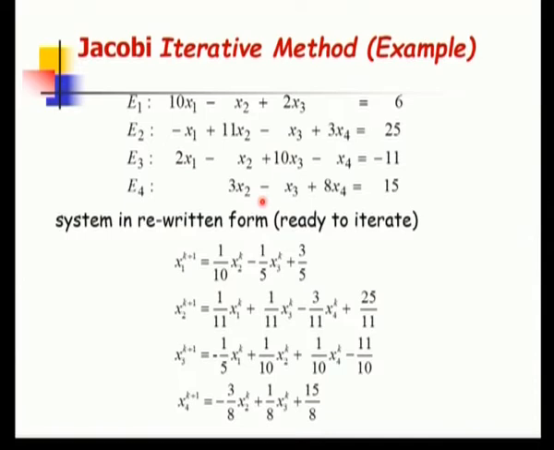What do I mean by diagonally dominant? The diagonal element in the absolute sense, in the modulus, should dominate the sum of the other elements in the same row in the absolute sense. For example, modulus 10 dominates the sum of modulus minus 1 plus modulus 2.